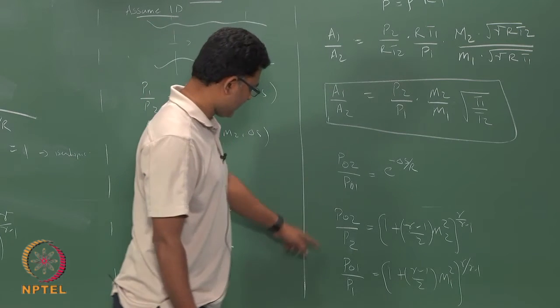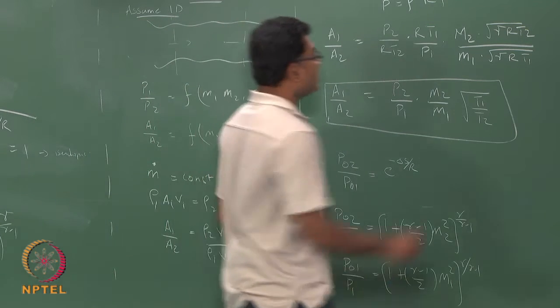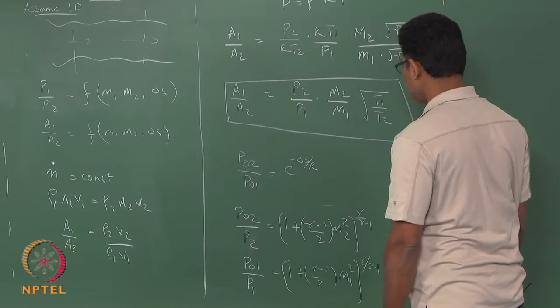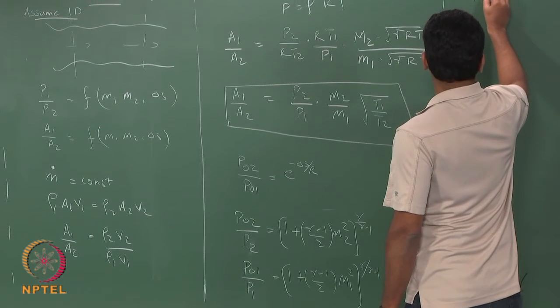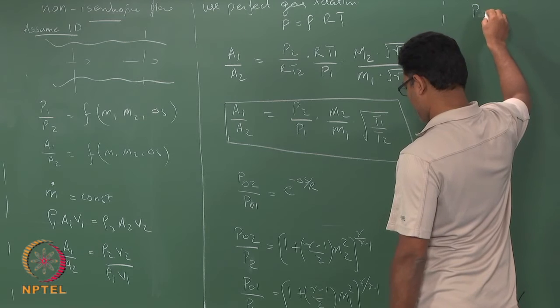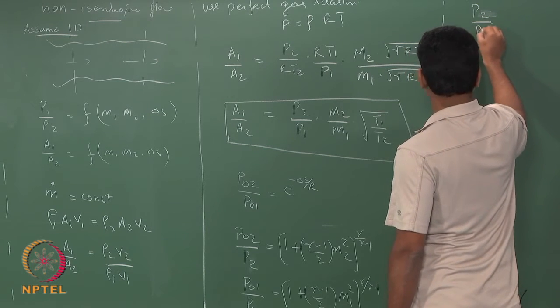Now, I use these three relations to write P2 by P1.